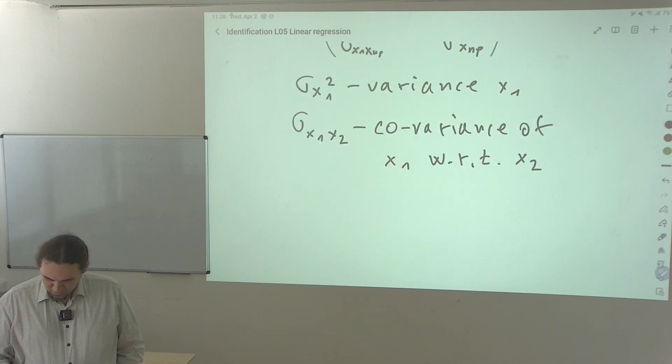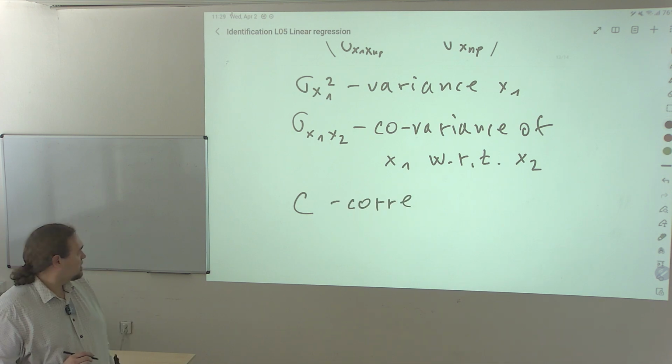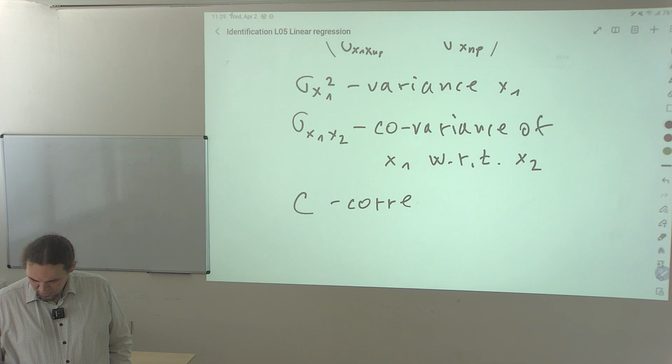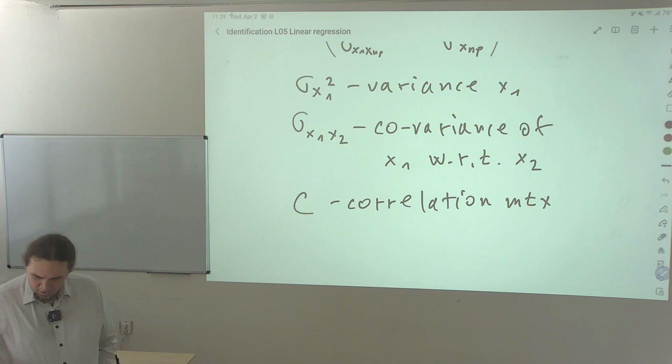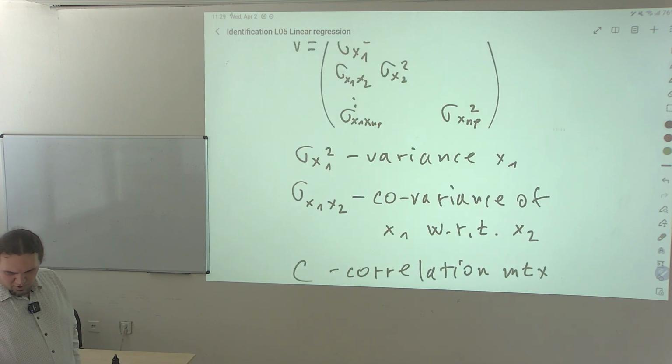The normalization of the covariance matrix will be a matrix, let's call it C. There are different notations, and this will be called the correlation matrix.